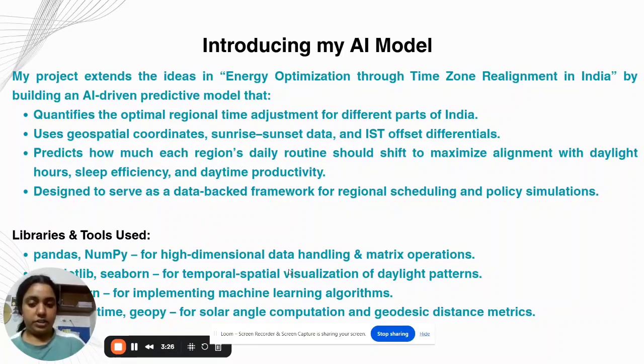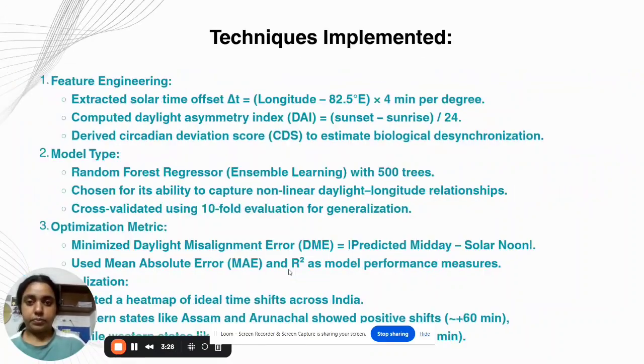The model architecture utilizes a hybrid regression framework incorporating both time series forecasting and spatial weighting. Each city's predicted energy load is then passed to the AI layer. A neural prediction submodule refines the simulation by learning seasonal and hourly variations in demand.